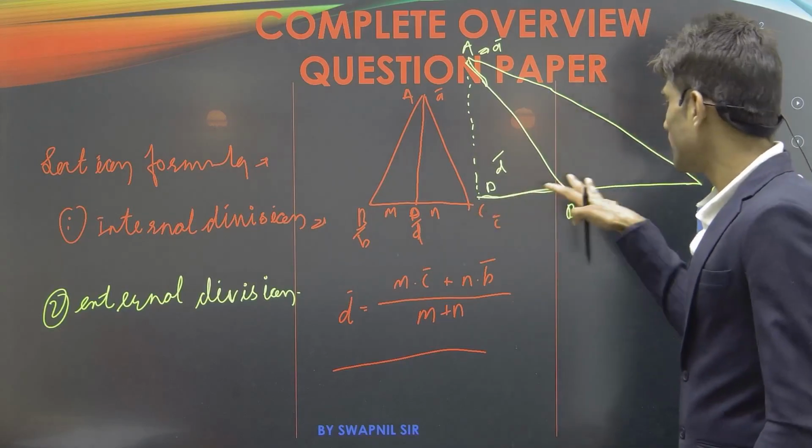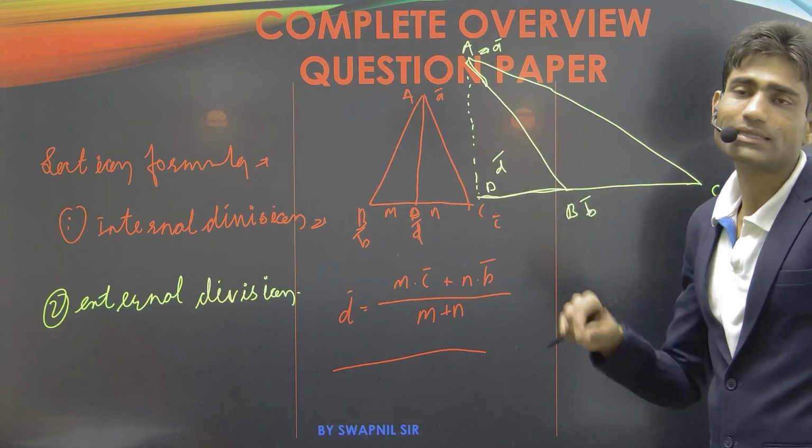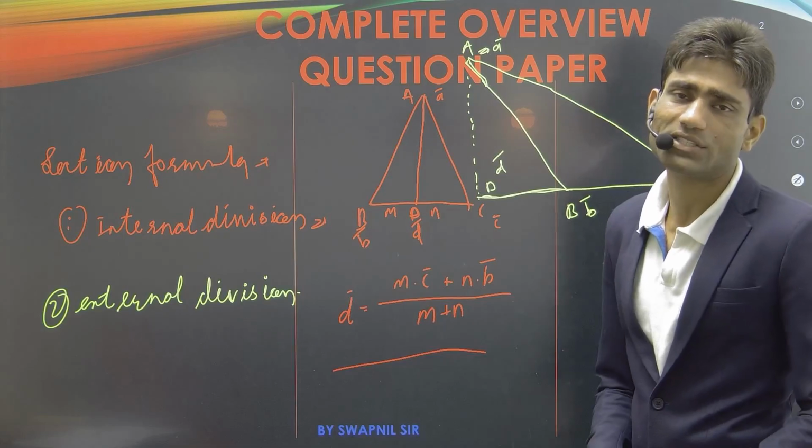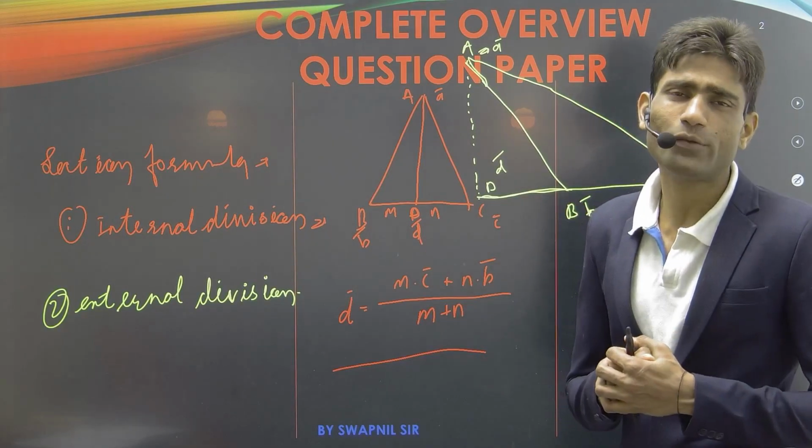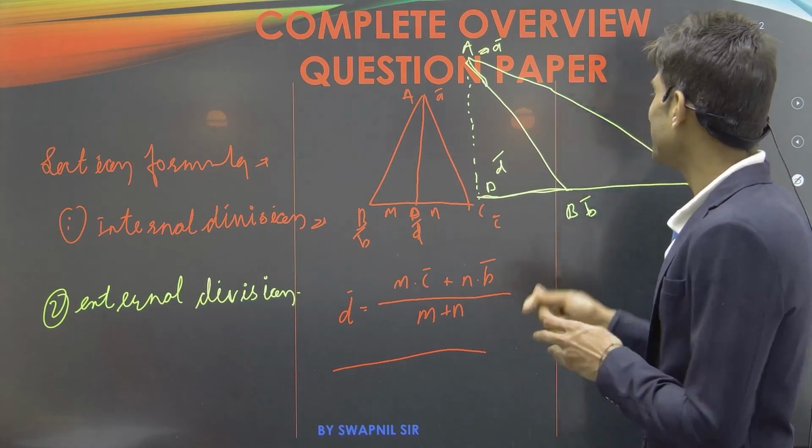Now if D bar divides line segment BC externally, that means there exists some ratio of division of that line segment.